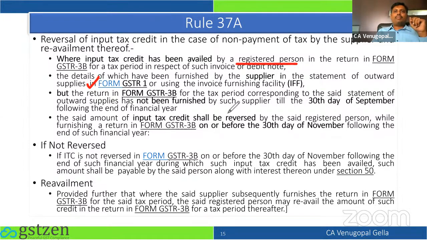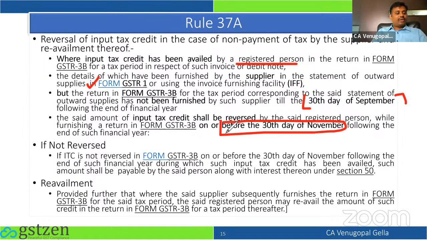And by when should it be furnished? By 30th September. So they are saying by 30th September, whether it has been furnished or not, you check. If it is not furnished by 30th September, which means you will get to know on 12th October, right? So they are saying on or before 30th November, you please reverse it.